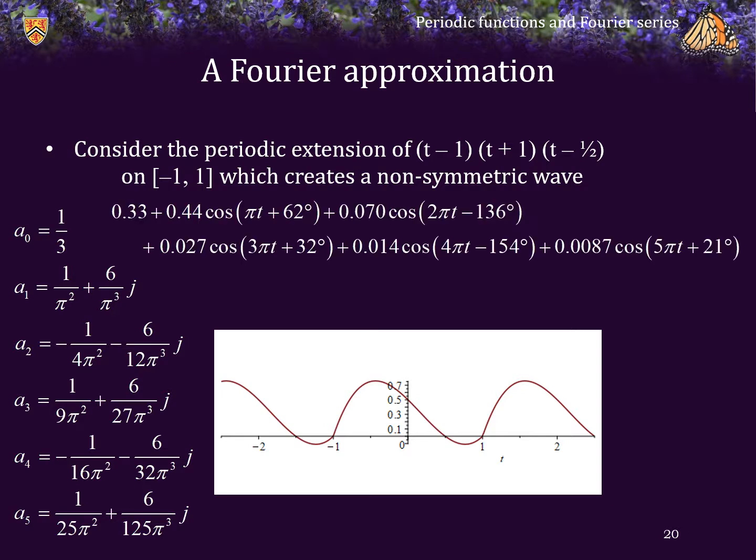We can then calculate the absolute value of each of these coefficients, multiply by 2, and calculate the argument. And therefore we can see that we can approximate this non-symmetric wave reasonably closely using 5 terms. In fact, if you take a look, the terms quickly do get quite small, and so even if we were to use only the first 4 terms instead of all 6, we'd still get a reasonable approximation of the periodic function.